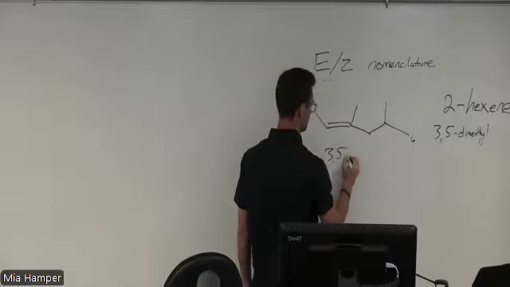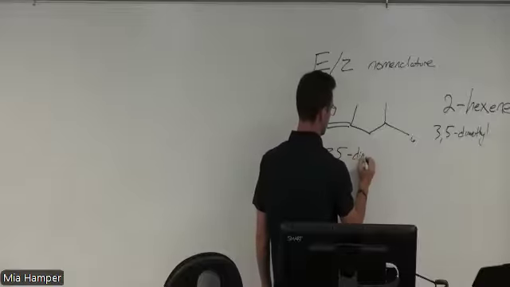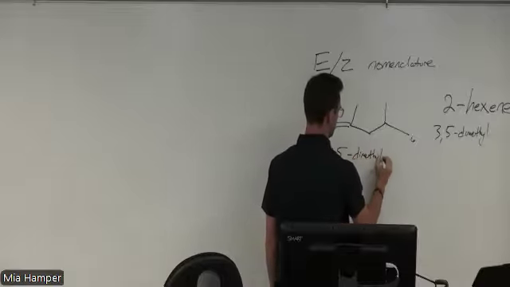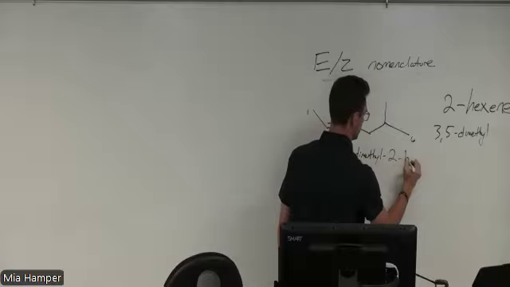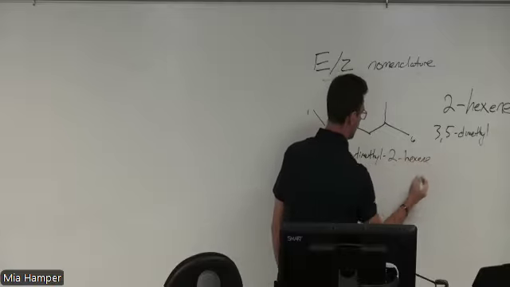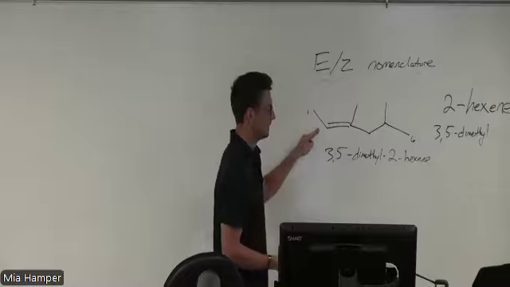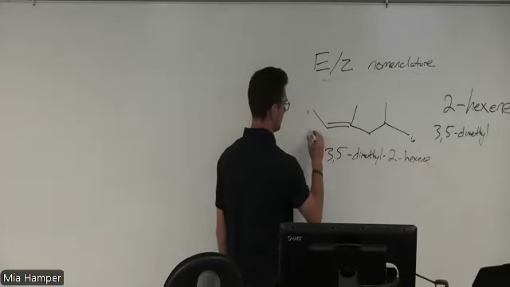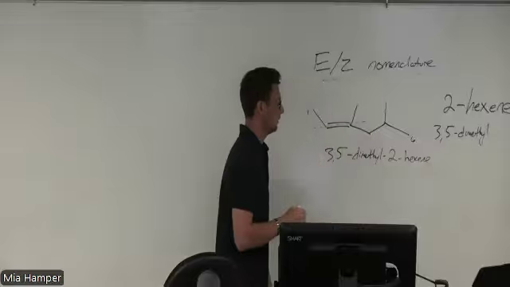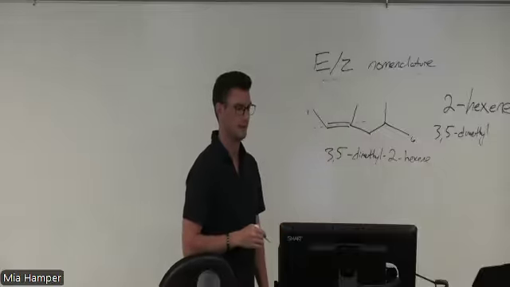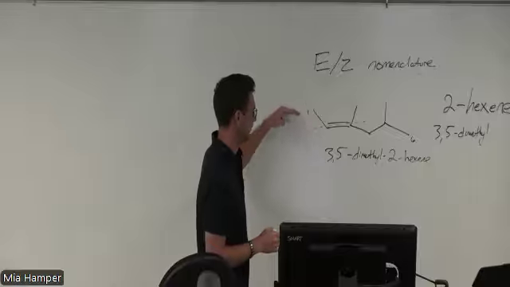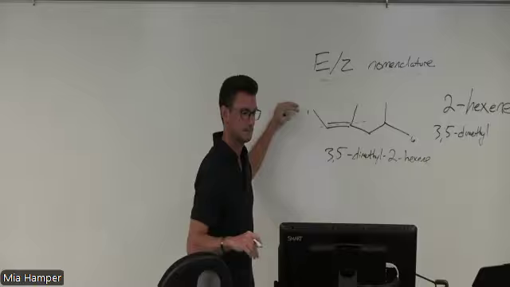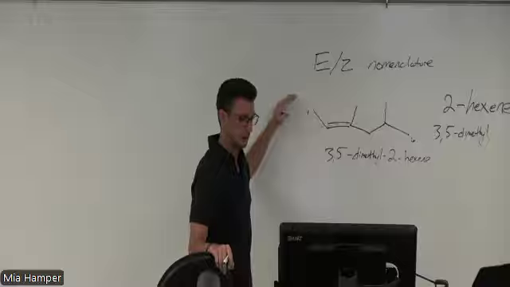So let's put this together. 3,5-dimethyl-2-hexene. But with that double bond, we got to indicate is it E or Z. So let's just draw an imaginary line through there. This methyl is up on the upper half of the double bond.